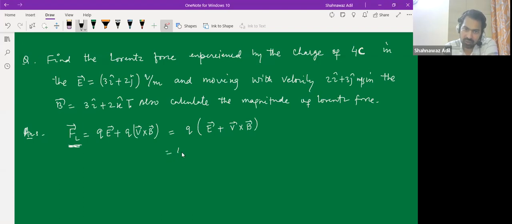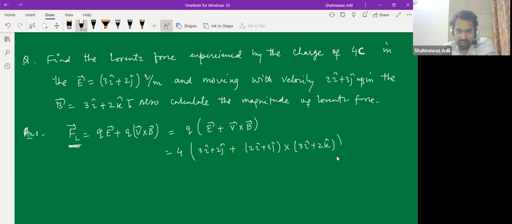Q is 4 coulomb. Electric field is 3I plus 2J. And then velocity is 2I plus 3J. And then cross product with I plus 2K. Did you guys reach this point?